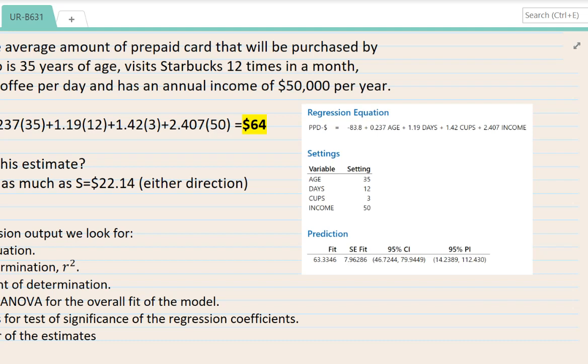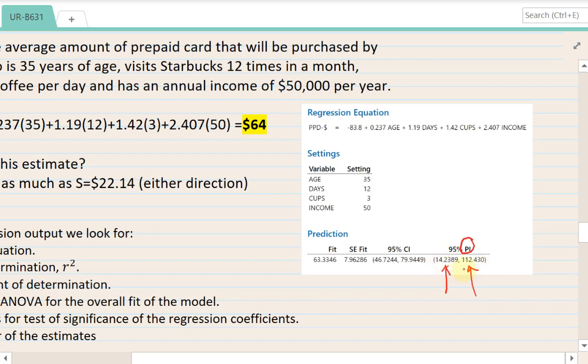It's just a person. And that person is 35 years old. That person that's about to enter Starbucks goes to that location or any Starbucks 12 times in a month, and that person drinks 3 cups of coffee a day. See, one individual, that's what this prediction interval predicts: how much one individual is going to spend, not the average individual with those attributes.